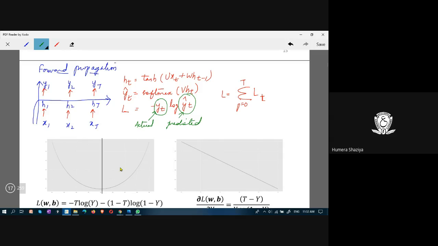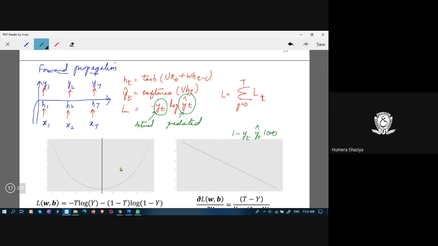For every sample, if there are 100 samples, then you get 100 predicted values, one for each. For the first record, there is an actual value, which is the correct value, denoted by y sub t, and a predicted value, denoted by y sub t hat. You put them in this equation, minus y sub t log of y sub t hat.